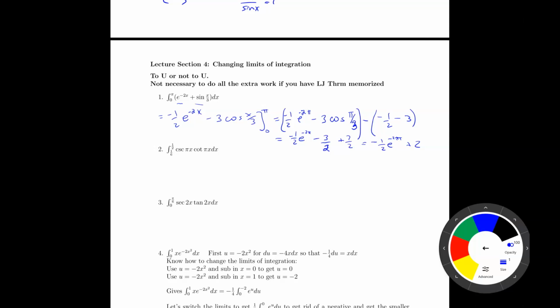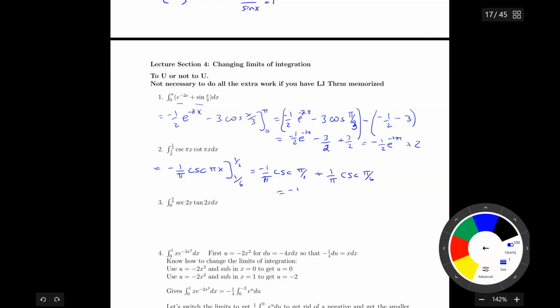So this again, I know this antiderivative is going to be negative 1 over pi cosecant of pi x because I know La Jolla theorem. So 1/6 and 1/2. So I get negative 1 over pi cosecant of pi over 2, subtract off a negative 1 over pi cosecant of pi over 6.